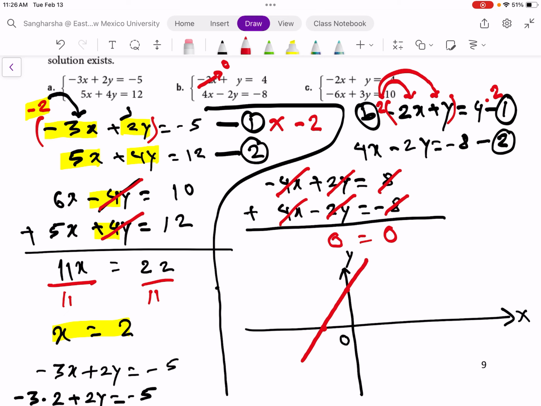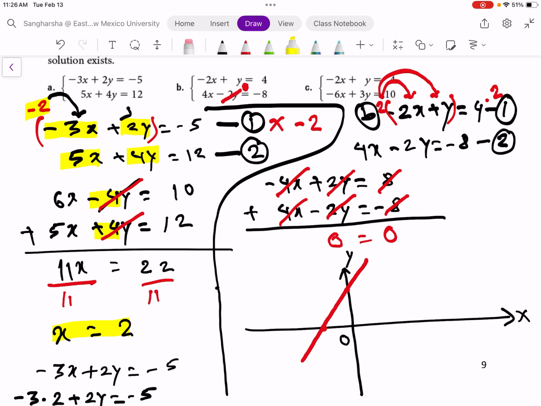Now let's draw the graph for the second one. You can use the same x-intercept and y-intercept concept, it's easier. Now for the second equation, let's find the x-intercept. And to find the x-intercept, you substitute 0 for y. So if y is 0, what do we get for x? So we are solving this one.